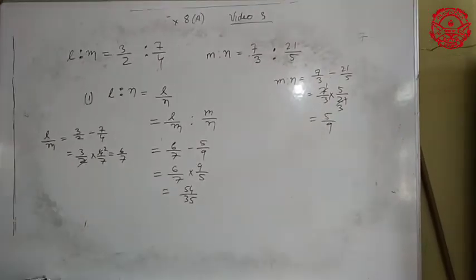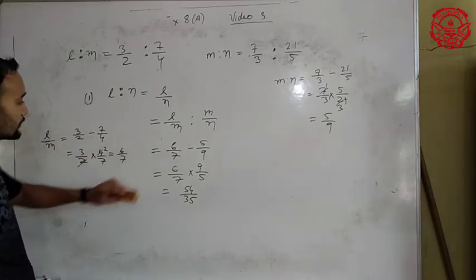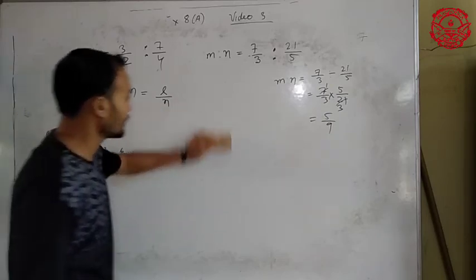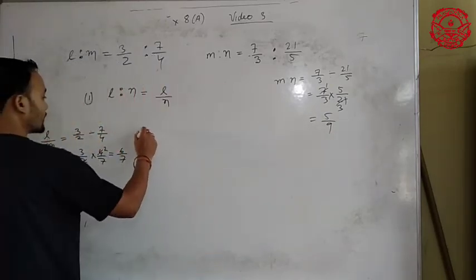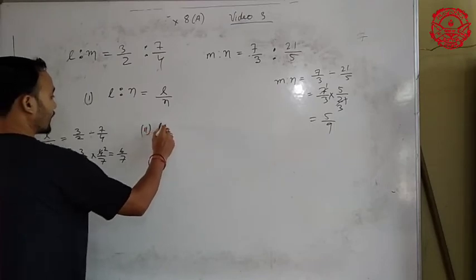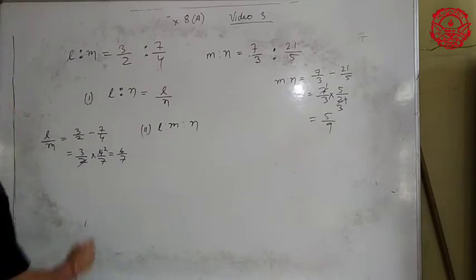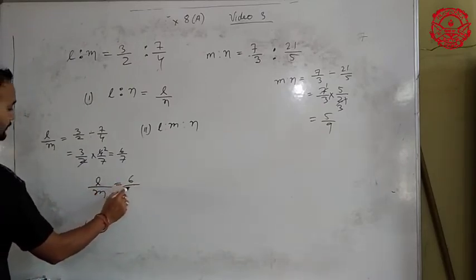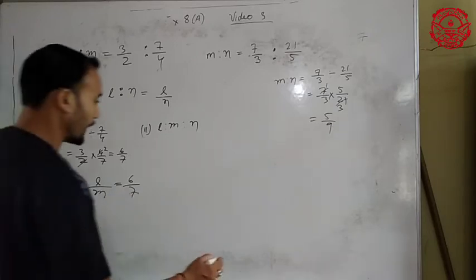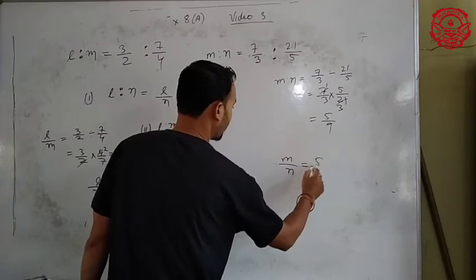In the second question we need to find the value of L is to M is to N. L by M is 6 by 7 and M by N is 5 by 9.